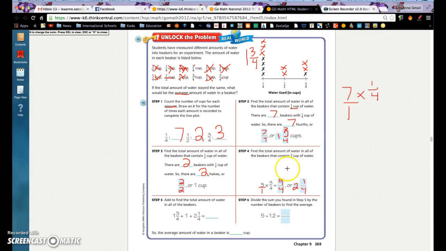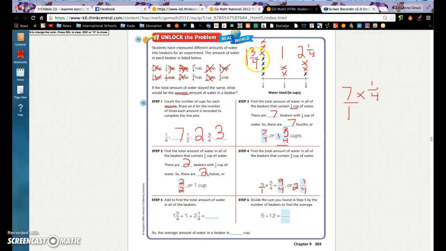All right, so we've done all of this. So now what we do is we find the total amount of water, and rather than adding up each one of these individually, which would take a really long time, we instead just add these. We add the 1 and 3/4, the 1, and the 2 and 1/4. So we add all these together and divide by 12. So 1 and 3/4 plus 1 plus 2 and 1/4.